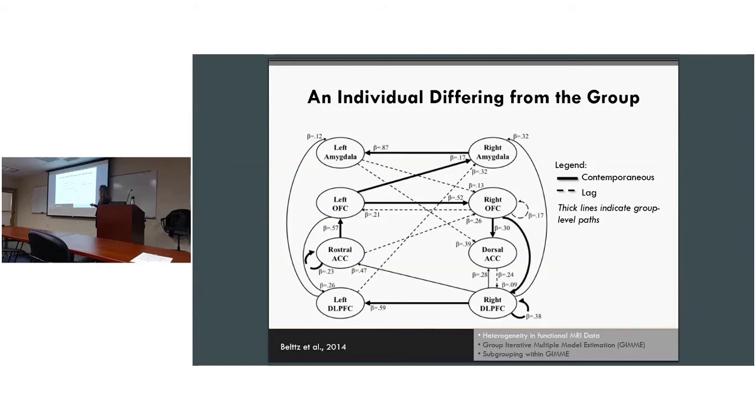Same with this autoregressive path, which is how this region at time predicted itself at the next time point. And so we see here a number of additional paths for that individual. And this is why we argued that using just the group level path, we're really missing a lot of nuances that would be important to understand the individual brain processes.